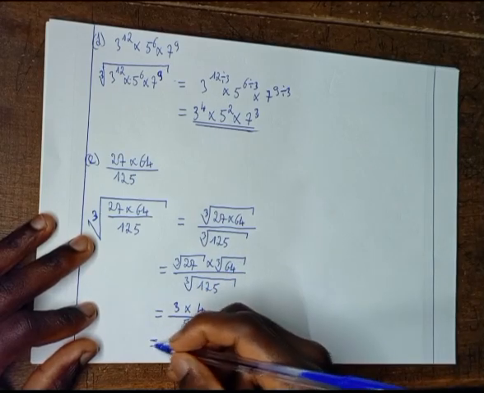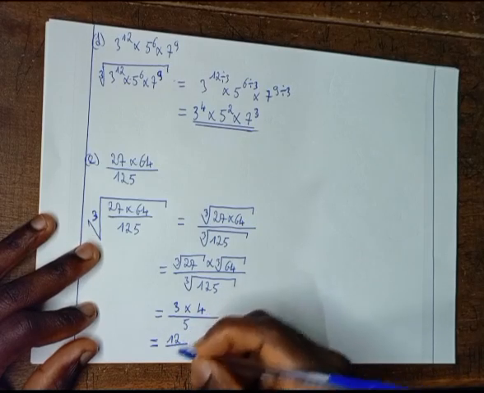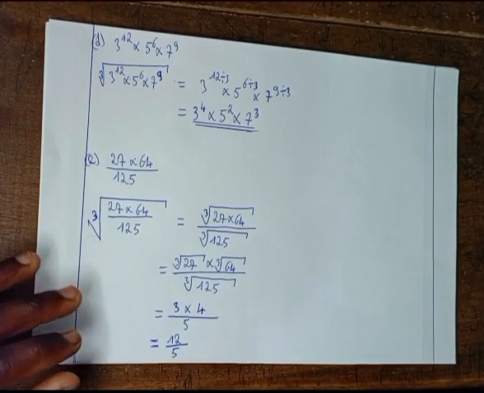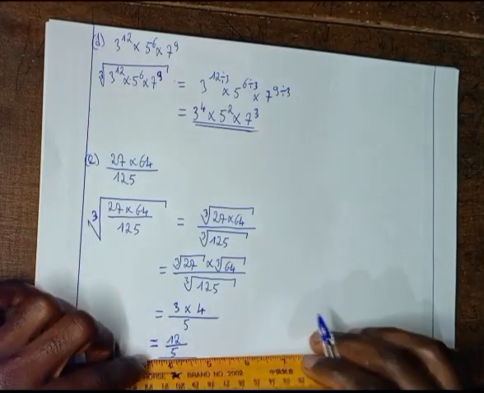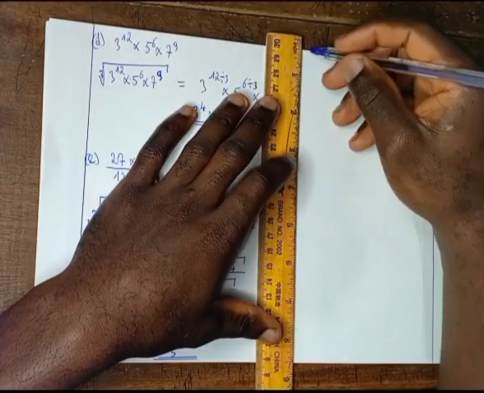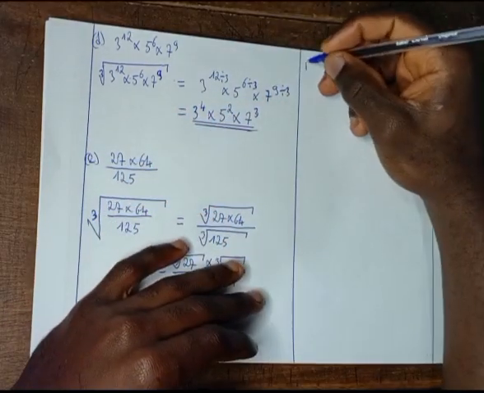So this will simply give us 3 times 4, which is 12, all over 5. So our answer will simply just be 12 on 5. This is the result.